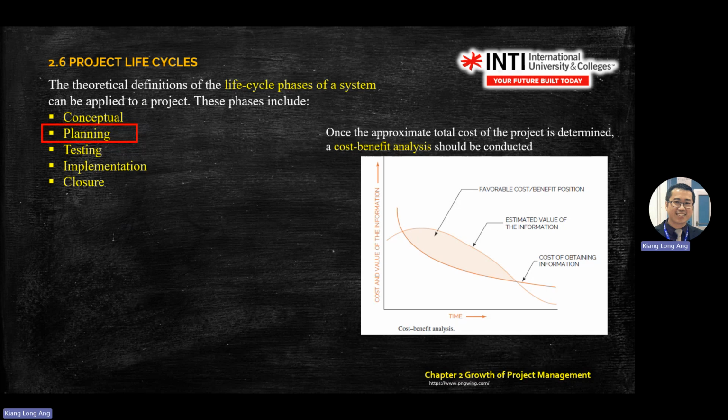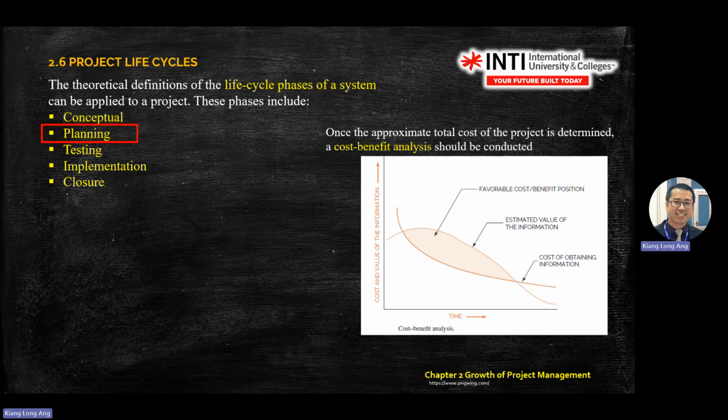You need two parameters to discuss with your PMO, the project management office team. The first line here is the estimated value of the information, and the second line is the cost of obtaining information. So this line is the cost of obtaining. This one is the estimated value.